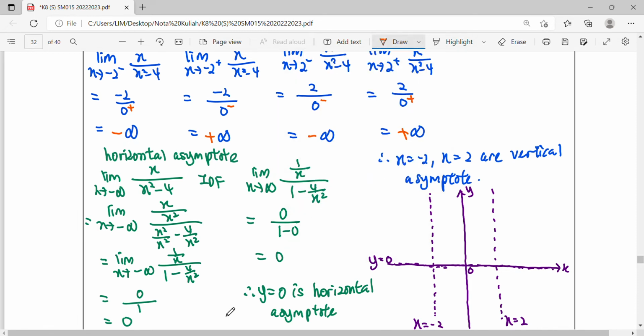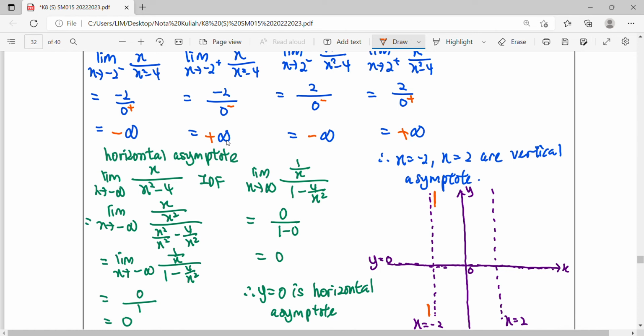When you come near to negative 2 from the left hand side, your graph is going down to negative infinity. So the graph is below here. So when your x approaches negative 2 from the right hand side, means this side, your graph is approaching positive infinity, means your graph is going up.